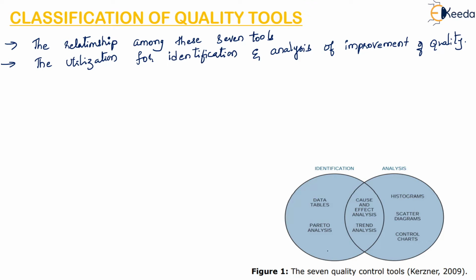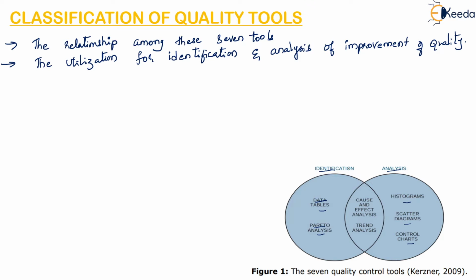So here we can see this is the data table, that is nothing but the check sheets, and Pareto analysis are merely meant for identification, and histogram, scatter diagrams and control charts are for analysis of the processes.